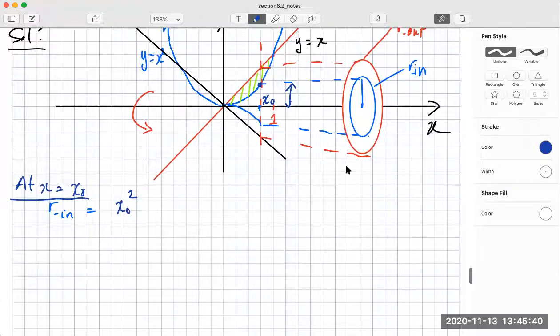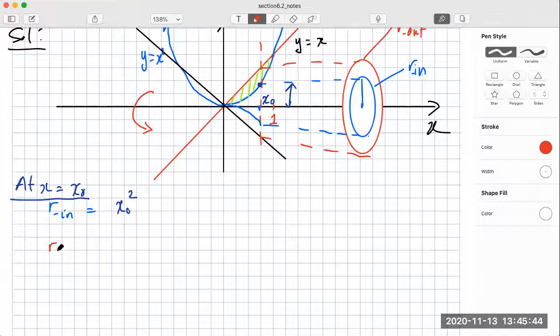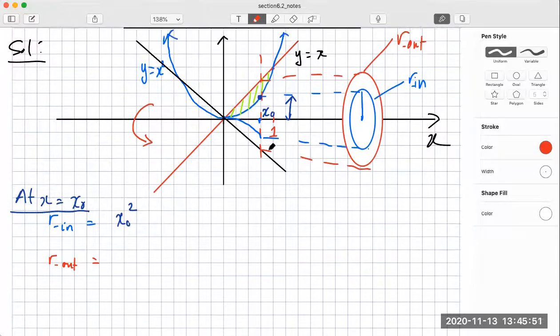And R out, it will be, very good. At the position x0, the R out will be x here, right?